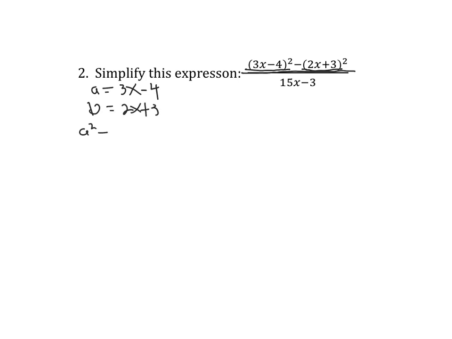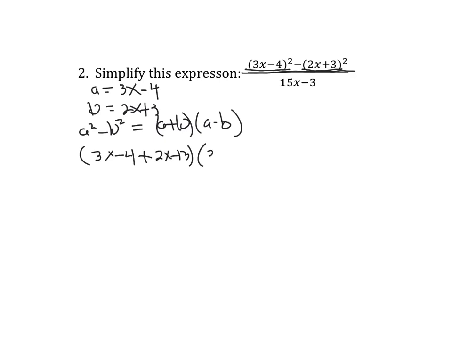And a squared minus b squared factors into a plus b times a minus b. So that would give us (3x minus 4 plus 2x plus 3) times (3x minus 4 minus (2x plus 3)).